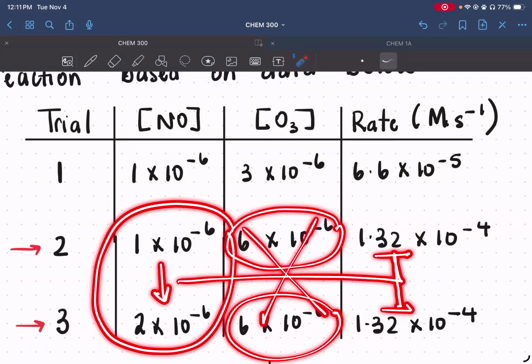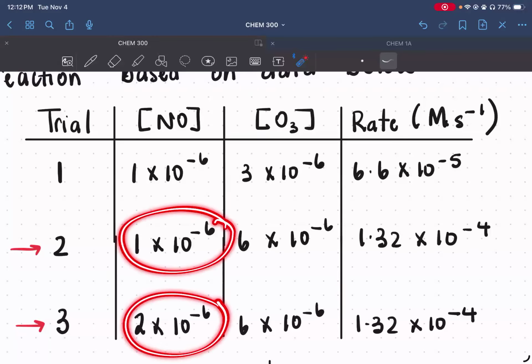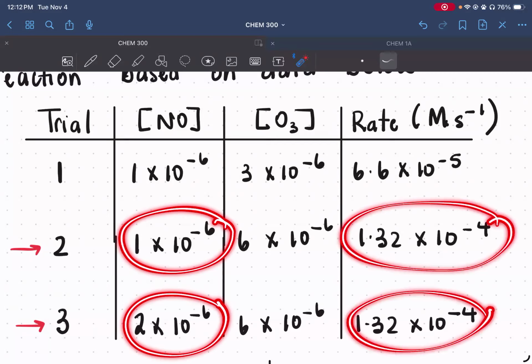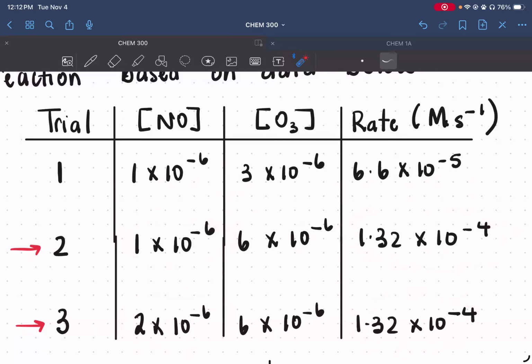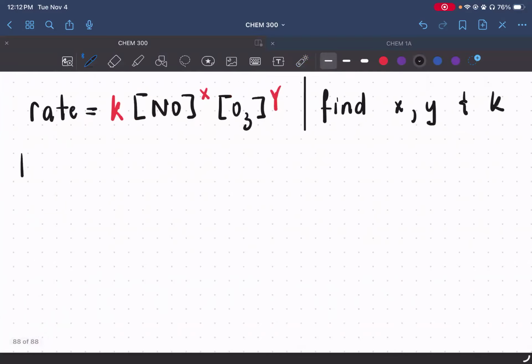Because the other chemical is a constant. Again, by changing the concentration of one chemical, only one, we're able to say any change in rate has to be because of that chemical. So we are going to pick two appropriate trials.